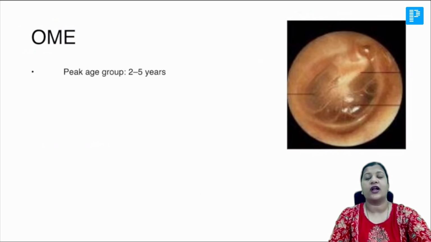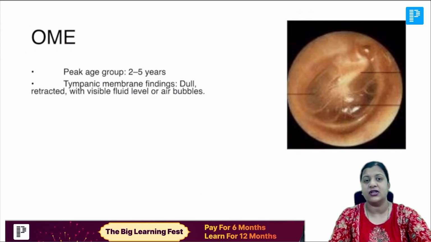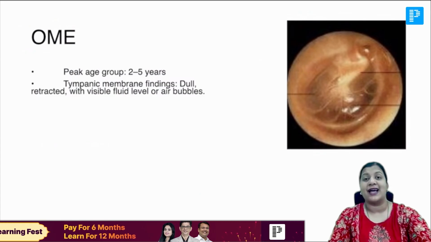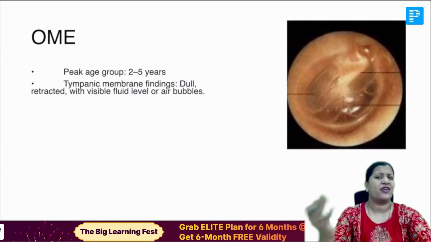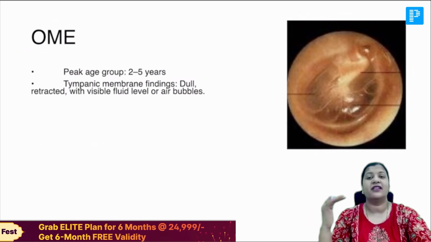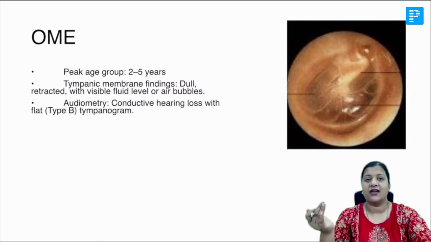So OME or otitis media with effusion, glue ear, serous otitis media, all of them are the same names for the same condition. Tympanic membrane is dull, it is retracted, it is gray colored, blue colored, amber colored, it could be variable colors. There's an air fluid level, there is an air bubble that you see here. Audiometry will show you conductive hearing loss and a B type of tympanogram.